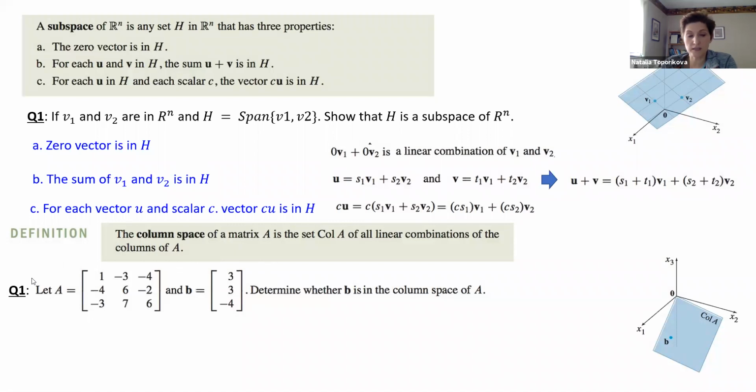Sounds like an intimidating question, but if we look at the definition of column space, which is just a linear combination, we can ask this question slightly differently. Is vector b a linear combination of the columns of matrix A? Can we answer this question?